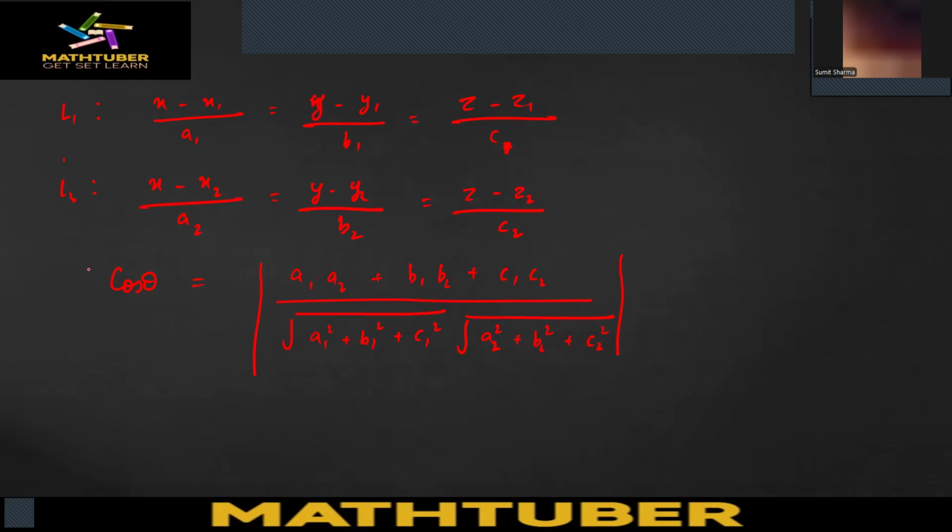So this is how we can find out the angle between the two lines if it is given either in vector form or in Cartesian form.